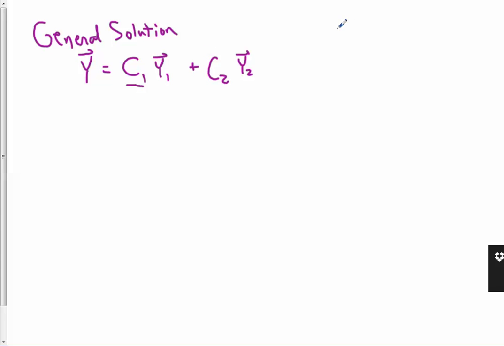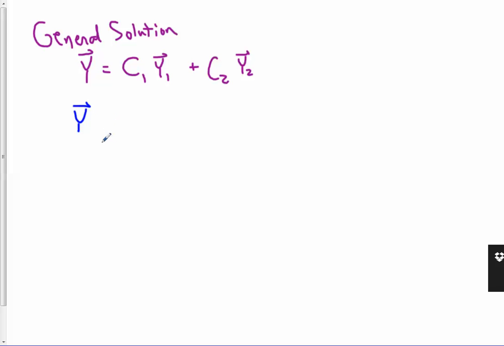So let me try to do that. Let me try to pick a C1 and a C2 to give me my initial condition of 3 and 5. So first of all, let me write down what this looks like just as functions.